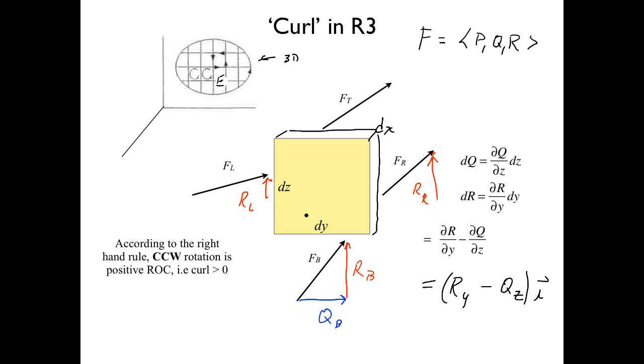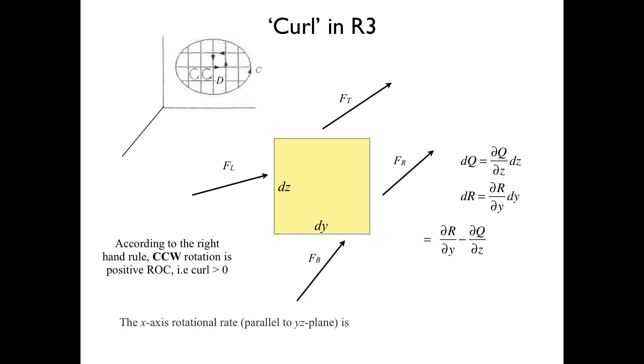And remember how we found cross products? We used the 3x3 matrix. So we can do that here. Oh, there we go. I had it. Just didn't push the button enough. There it is. We already wrote that. So this is the x-axis rotational rate, right? It's r sub y, or partial of r with respect to y, minus partial of q with respect to z.